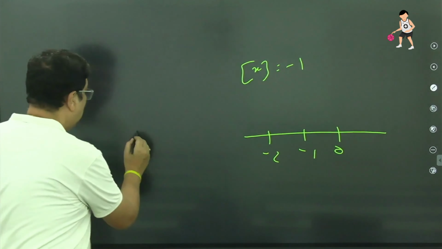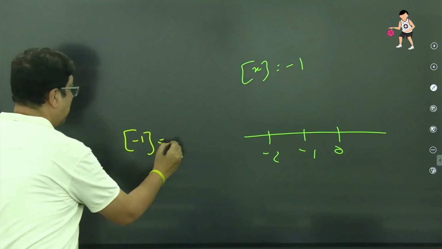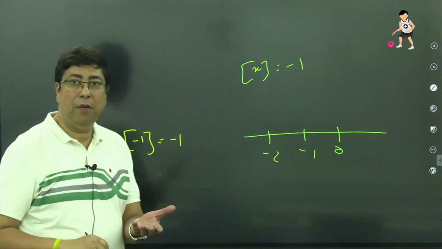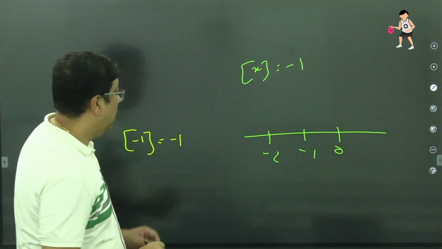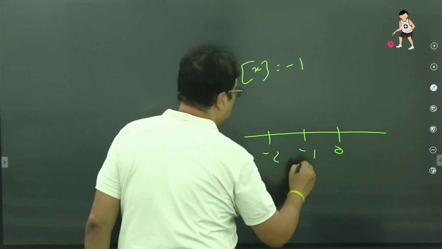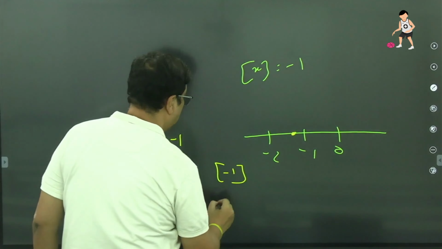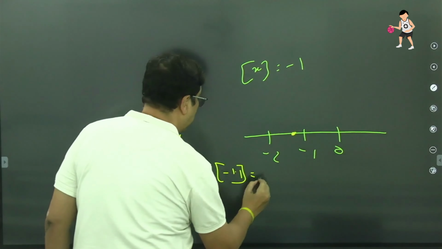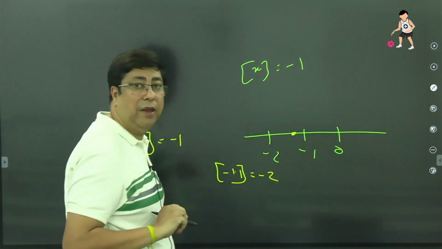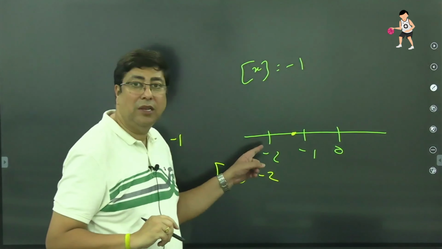If we take x equal to minus 1, obviously box of minus 1 equals minus 1, an integer number, okay? If we take any point here, minus 1.1, this is coming to be minus 2, so it is not satisfied.